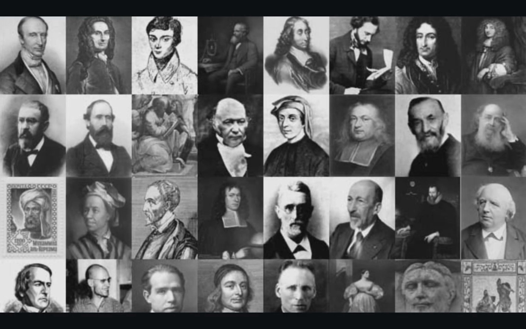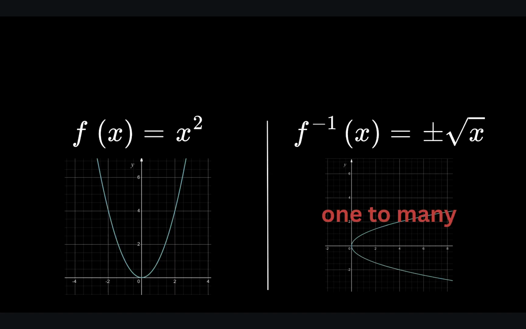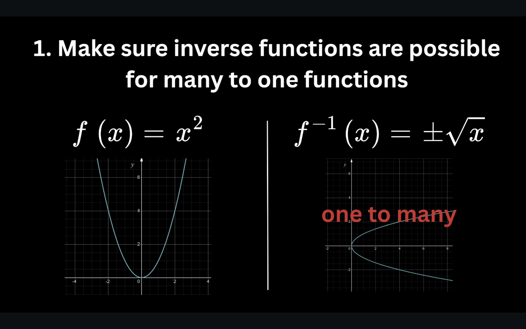Why would we want to do that? It's because mathematicians, this time, it is actually useful. Remember we said that many-to-one functions don't have inverses, but through restricting domain, we can make sure inverse functions are possible for many-to-one functions.